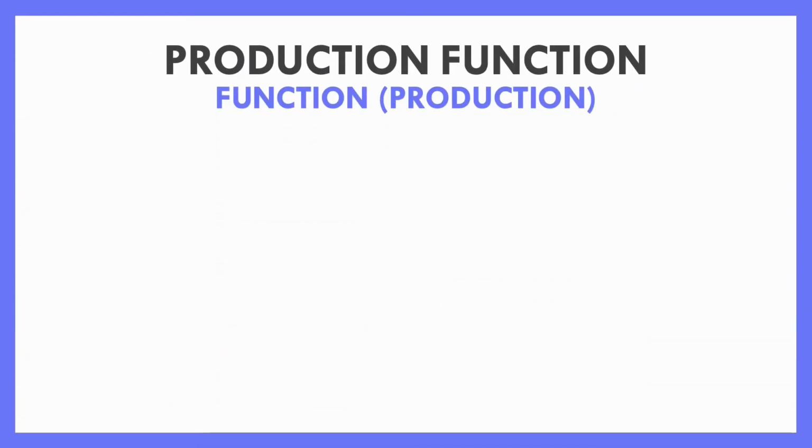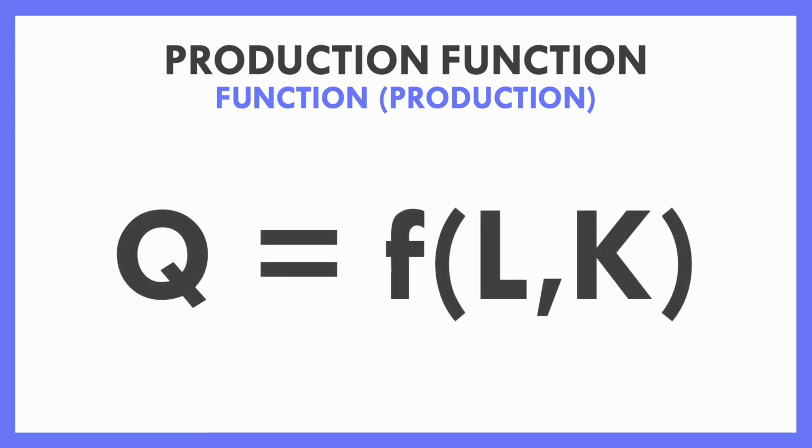Well, the way we can think about this is that, yes, production is like a function. You will never see this formula on a test or anything, but I just want to illustrate this idea. Say we have something that looks like this: Q is equal to f of L and K. And you're like, well, what in the world does that mean? Well, L and K are just abbreviations we use for some of those inputs of production.